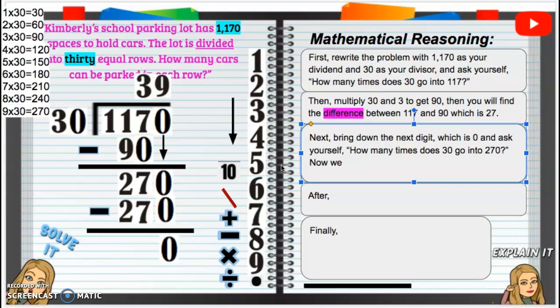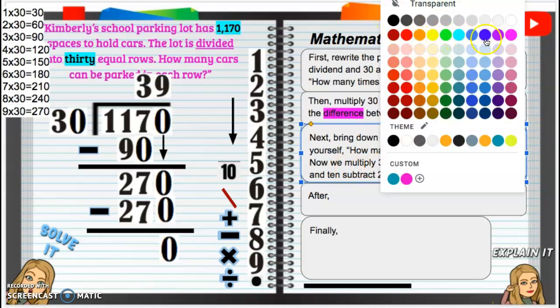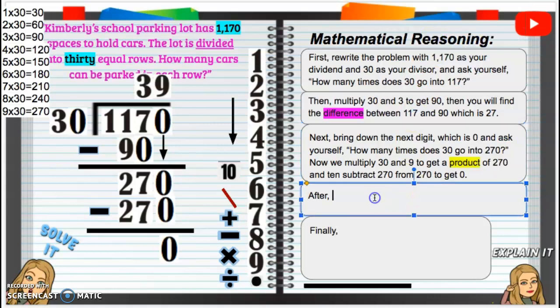Now we multiply 30 and 9 to get a product of 270. And then subtract 270 from 270 to get 0. I also know that word product is going to be a vocab word.